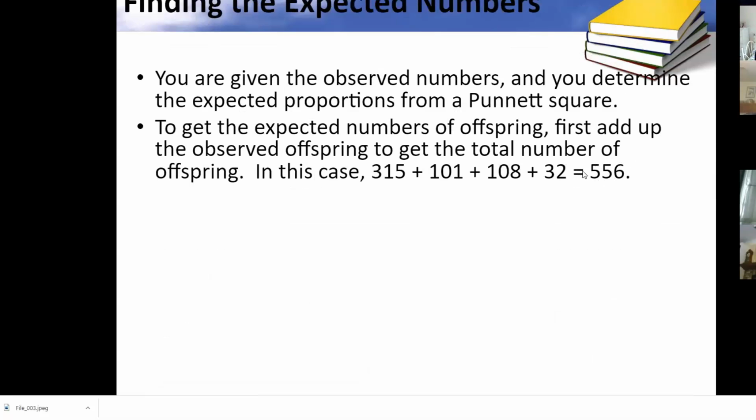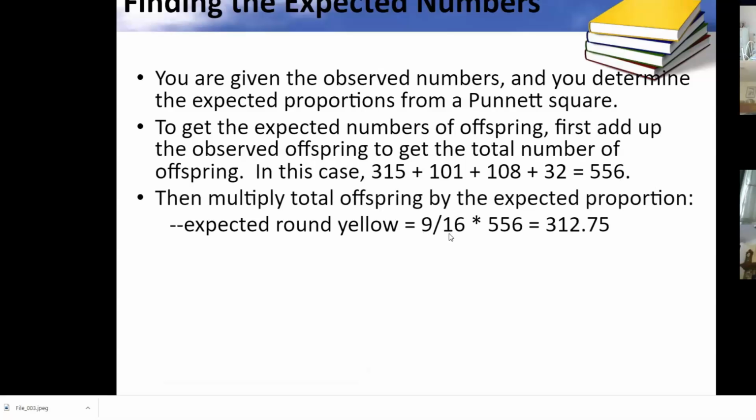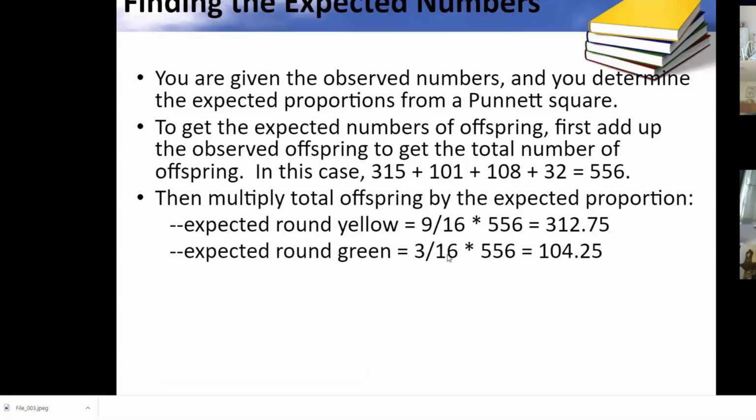So you want to look at the total number that you counted. In this case, we didn't have an even number. We counted 556 total flowers, or whatever, seeds. We were expecting 9/16 to come out round and yellow. So I'm going to multiply that times my total to get how many I expected. Round and green, 3/16 times the total to get my expected value.